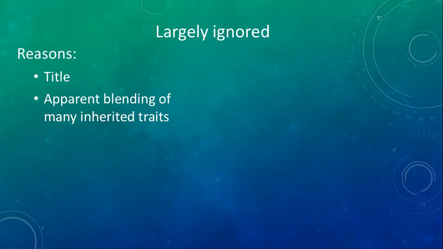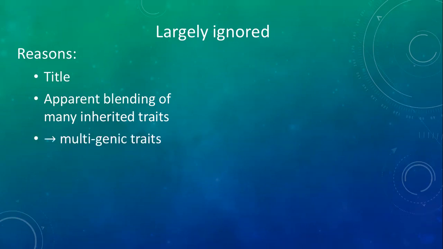And also it seemed to contradict what people were actually seeing when they looked at, well, not plant hybrids but humans, where there was more an apparent blending of many inherited traits and very few cases of what Mendel was describing, this sort of independent inheritance of traits, or combinatorial inheritance.